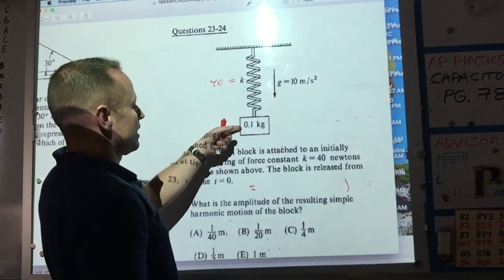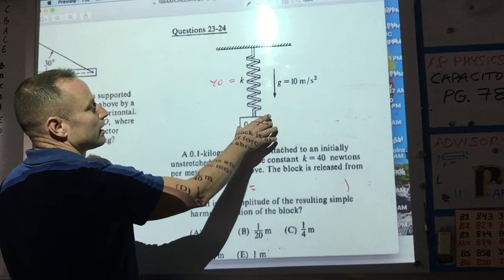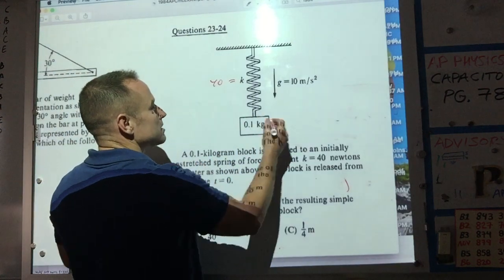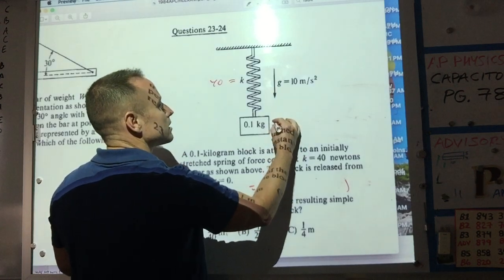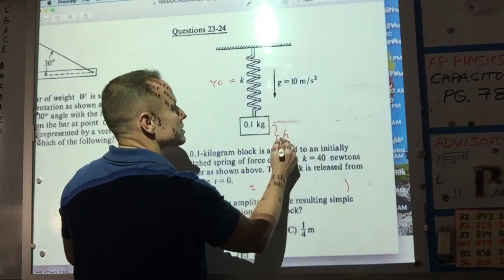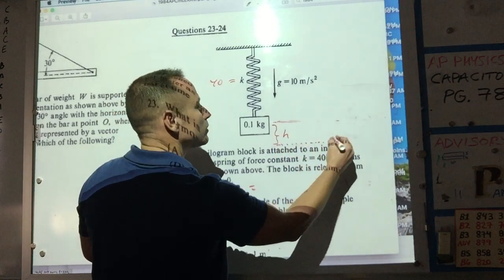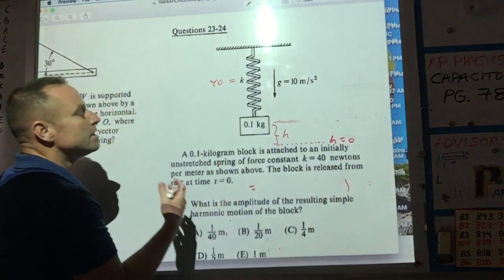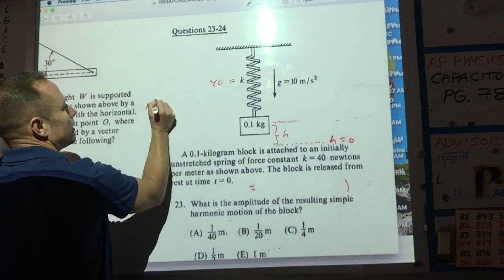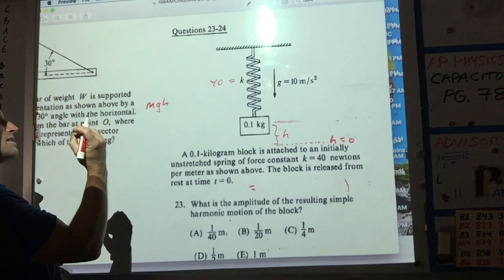I think we can do energy with this thing. So it's going to fall eventually some height. Let's call the lowest point that it gets to height 0 down there. So it's at some height right now, mgh. That's its energy before, the only kind of energy it has before.